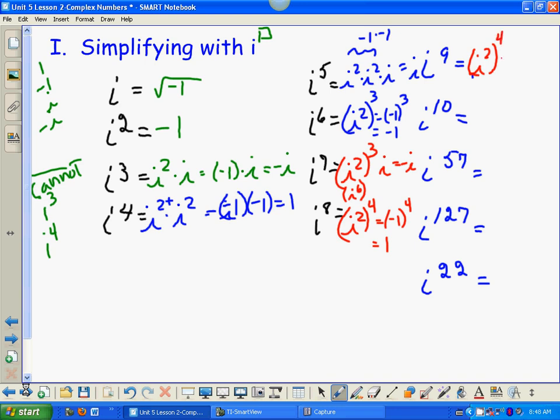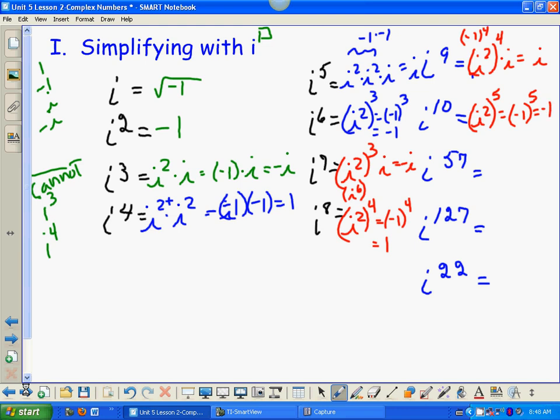That gives me 8 of them, and I need another i. So that's going to be a positive i, because i squared to the fourth is negative 1 to the fourth, and that's positive 1. i to the 10th is going to be i squared raised to the fifth, which is negative 1 to the fifth, or negative 1.